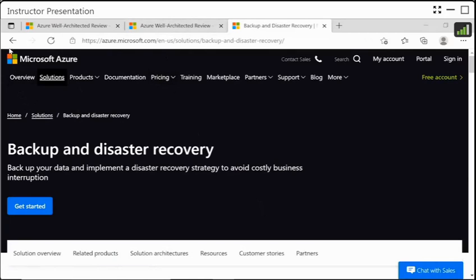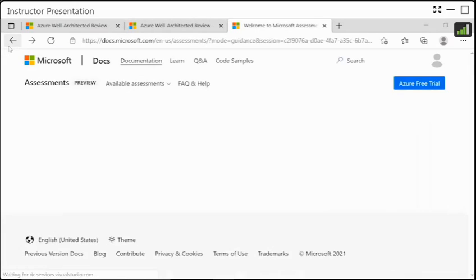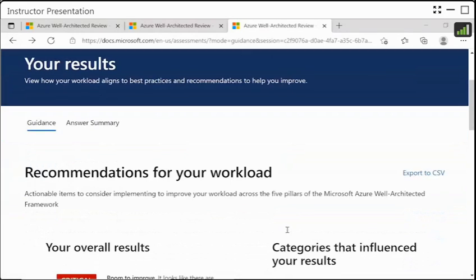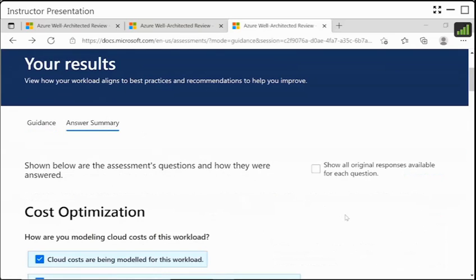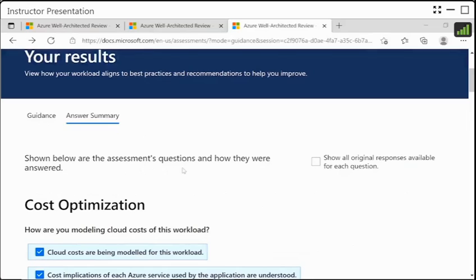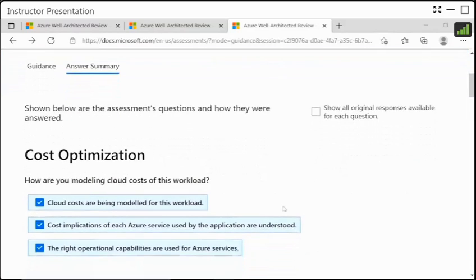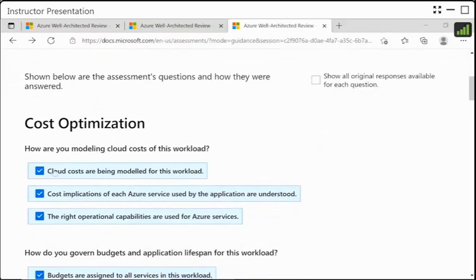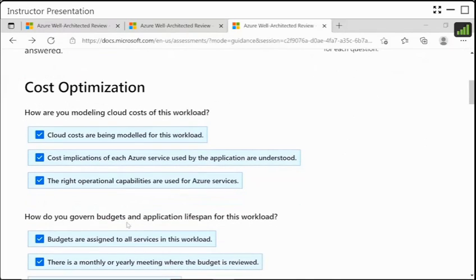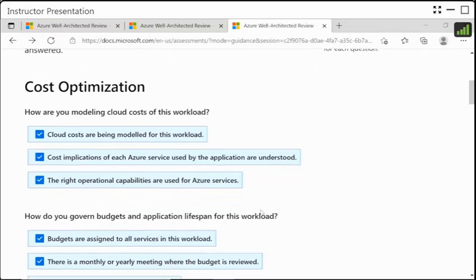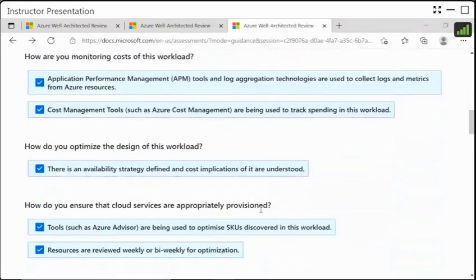So if we go back here, under recommendations, I could also click on the answer summary here, right? And shown below are the assessments questions and how they were answered. So you can see how you answered the questions. How are you modeling cloud costs for this workload? How you govern budgets? You can come in here and you can look at what you said, right?